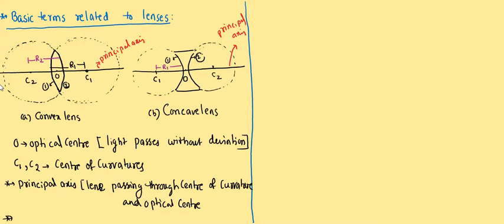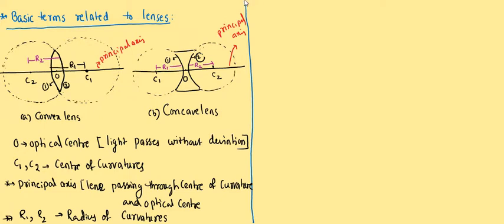The second surface radius is R2. What are R1 and R2? R1 and R2 are the radii of curvature.